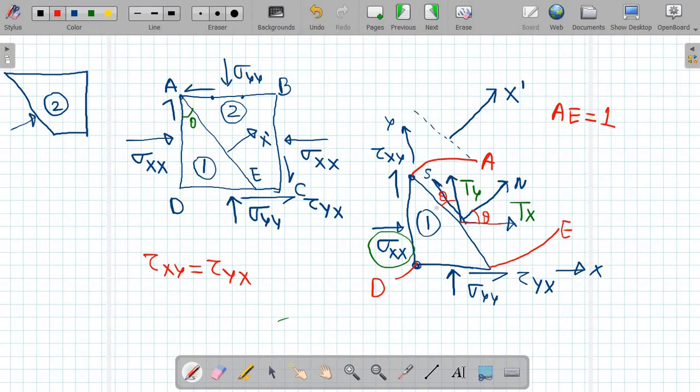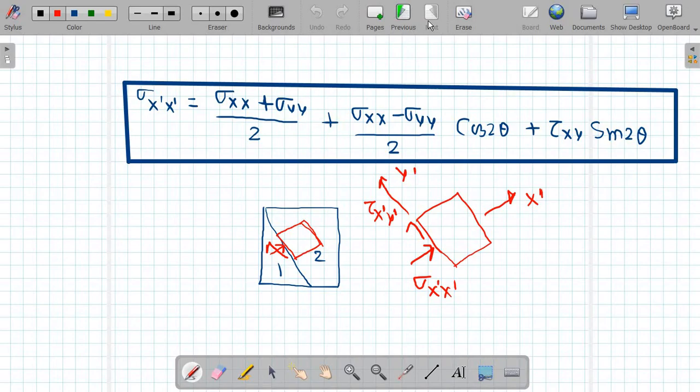Ty cos theta minus Tx sin theta. Can I write like that? Traction force in shear direction would be Ty cos theta minus Tx sin theta. Why is it minus?